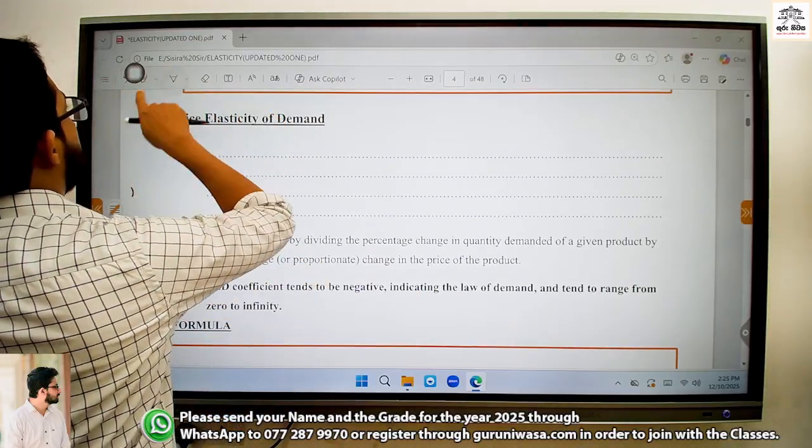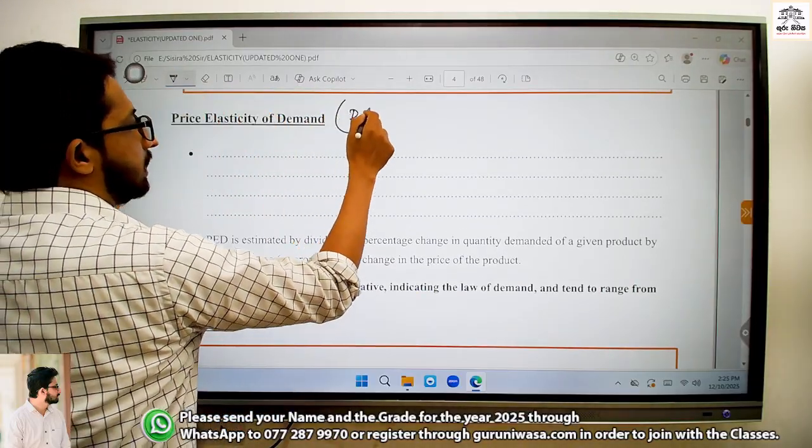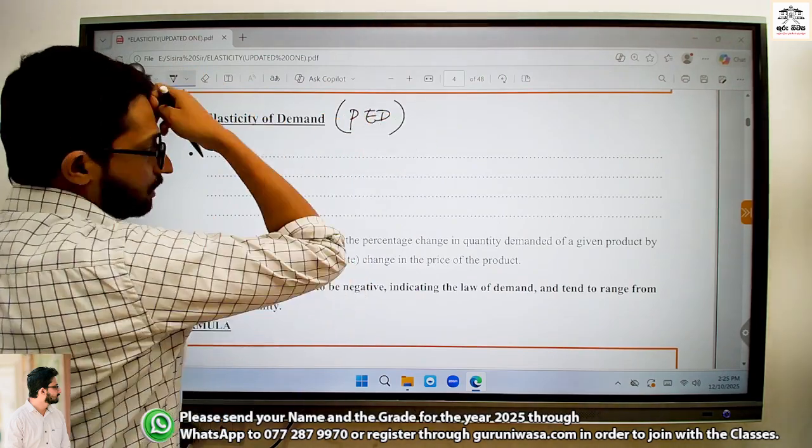PED. Price elasticity. Write down, Lamai.